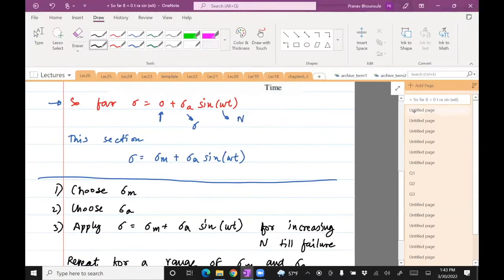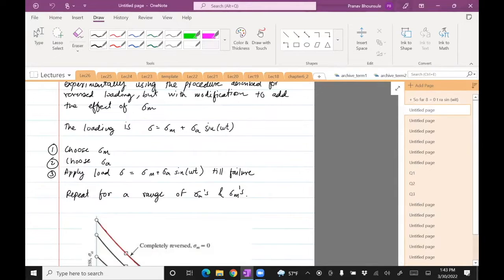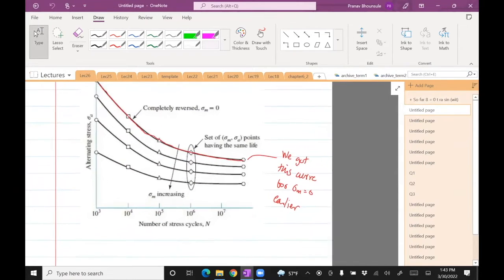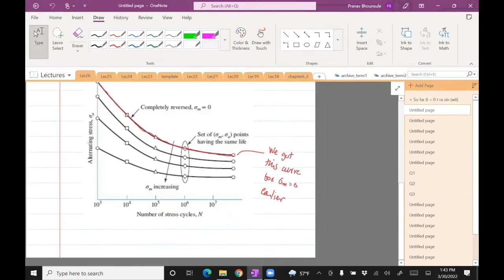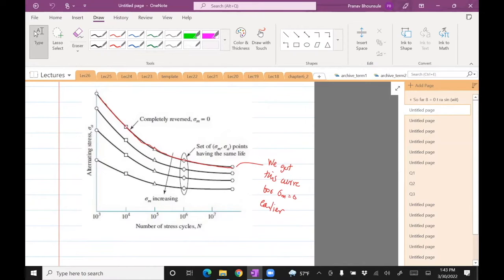So what I'm going to show you now is, I wrote it down already here. What you see here is some data points, the squares and the triangles and so on. And these are plots made for sigma A versus n, but they are for a given sigma m.